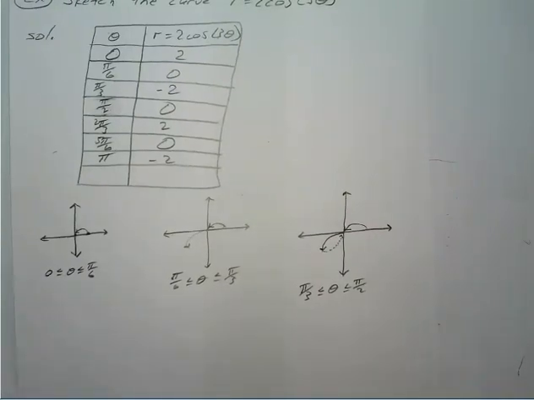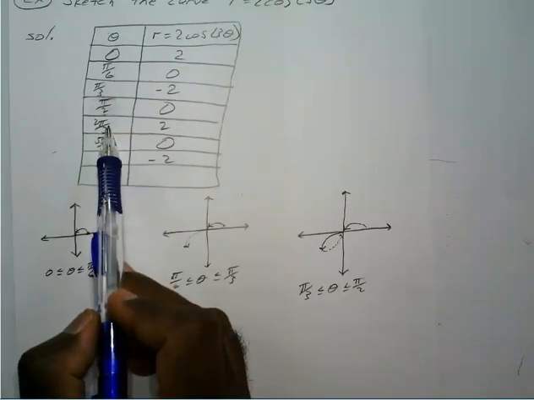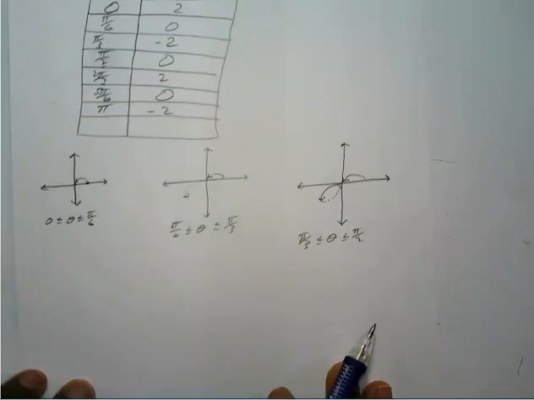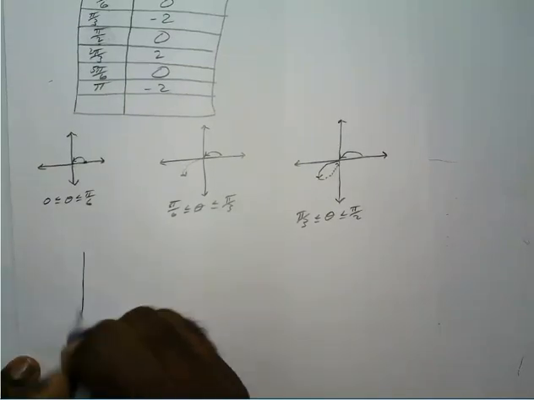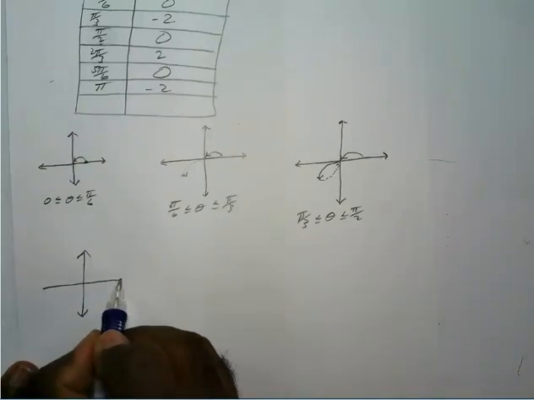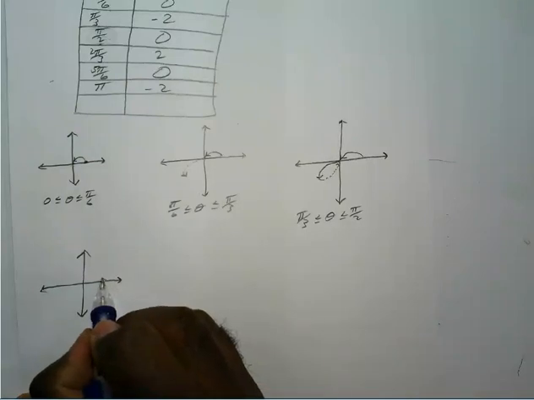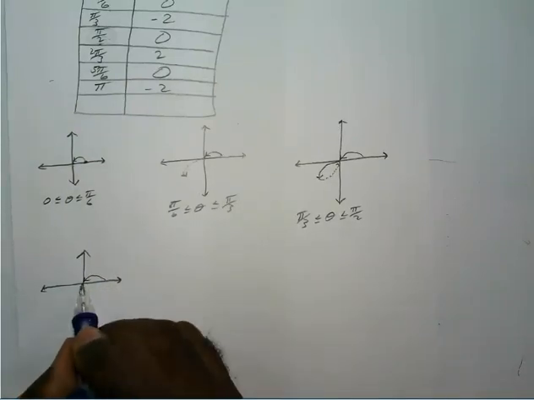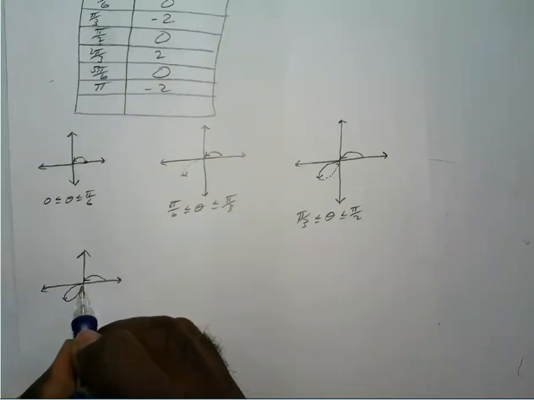Okay, so a little bit more. We still have pi over 2 to 2 pi over 3. So let's move that up. Okay, so we see here where we're starting at. We have here to here, here to here, then we have from here to here.